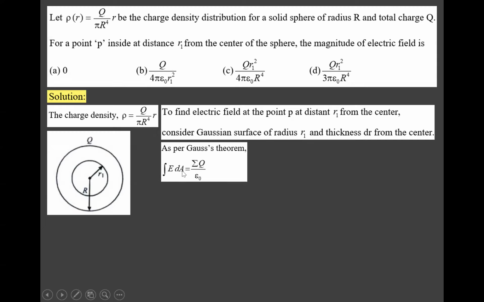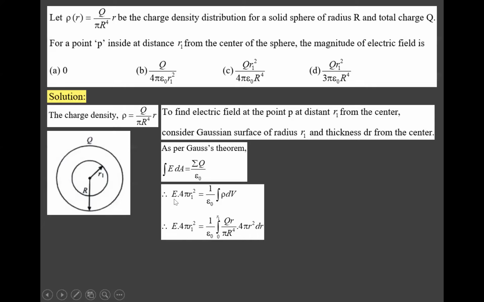integration E dA equal to sigma q upon epsilon 0. Now E is uniform, so we take it out of the integration dA. Here the area of this Gaussian surface is 4 pi r1 square, and sigma q is the net charge enclosed by this Gaussian surface.